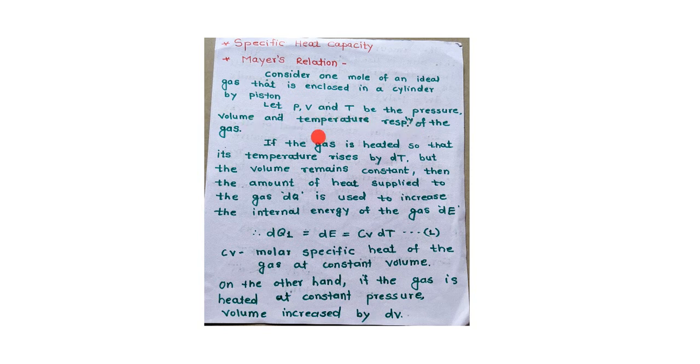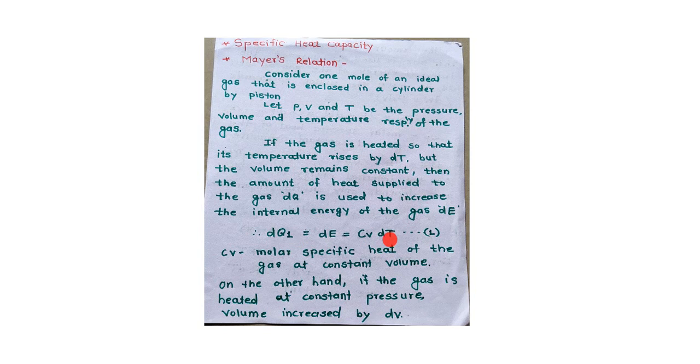If the gas is heated so that its temperature rises by dT but the volume remains constant, then the amount of heat dq supplied to the gas is used to increase the internal energy of the gas, dE. So we get one equation here: dq1 = dE = Cv dT. What is Cv?